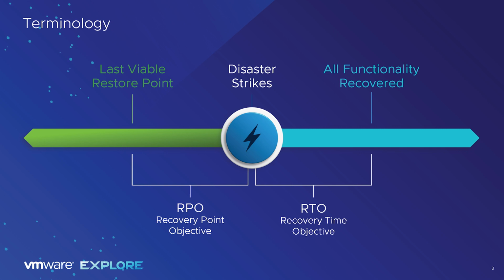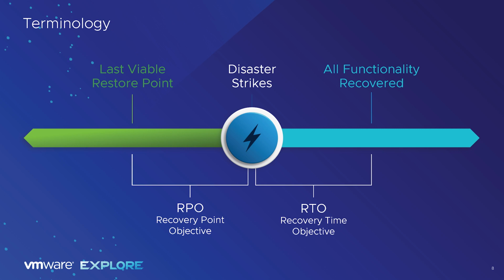Okay. So I always like to bring this up because we're talking about disaster recovery, right? Every time we talk about disaster recovery or business continuity, these two terms are frequently the most used terms. And I'm sure you all know them, but I'm still going to talk about it a little bit. So RPO and RTO. Recovery point objective is the measure of how much data you will be losing in case a disaster hits.